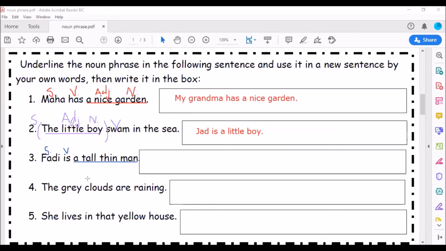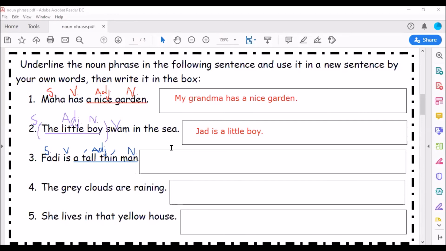You underline it. How did I know that this is a noun phrase? Because I have two adjectives. Tall is an adjective, and thin is another adjective. This is one adjective and this is the other one. And I have a noun. Man is a noun. So this is a noun phrase.